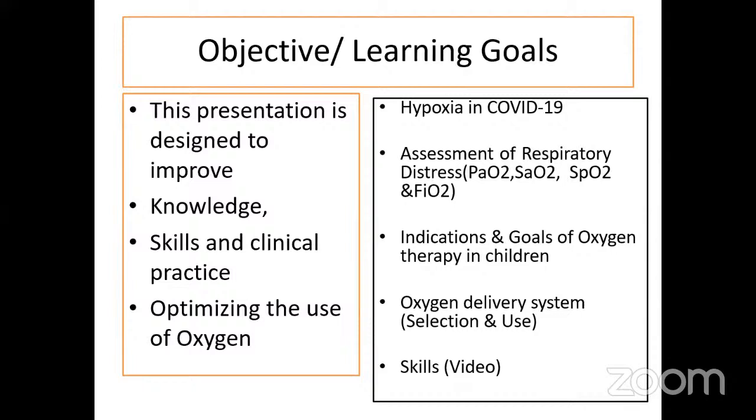Its absorption at rest is around 200 ml per minute when we are giving a FiO2 of 21%. That is, normal air contains 21% oxygen, so we call it a FiO2 of 21%, and its absorption inside the lungs and alveoli is 200 ml per minute.